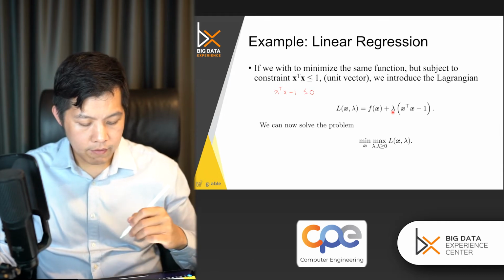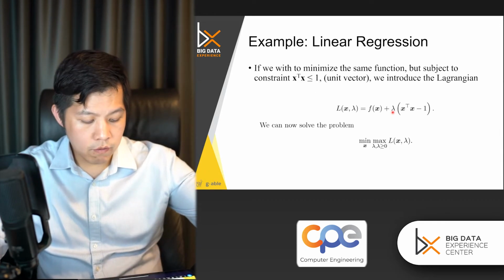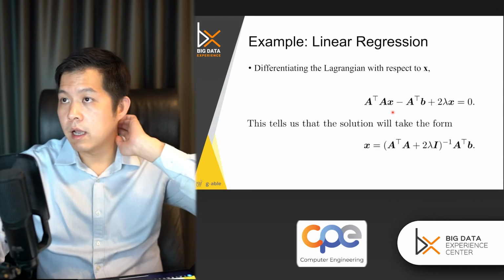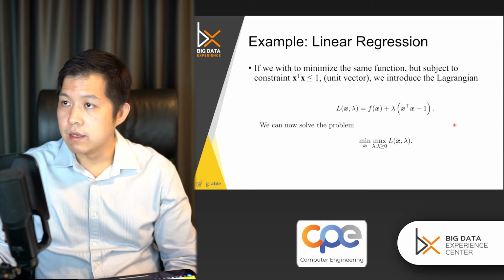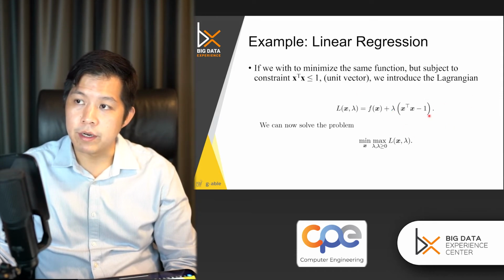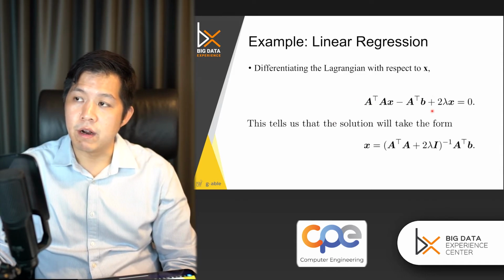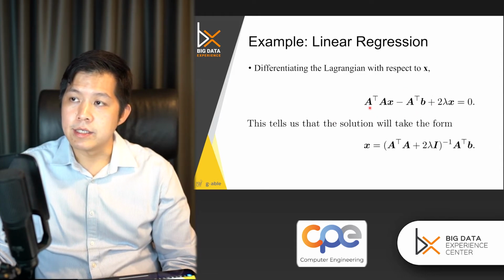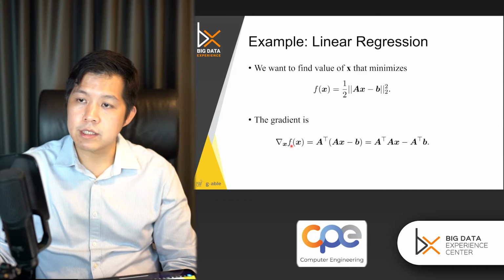And from this term, to solve this minimization, we can differentiate the loss function above. Take the derivative of the above here. We already calculated that: this is A transpose A x minus A transpose b, the derivative of f(x) by x.